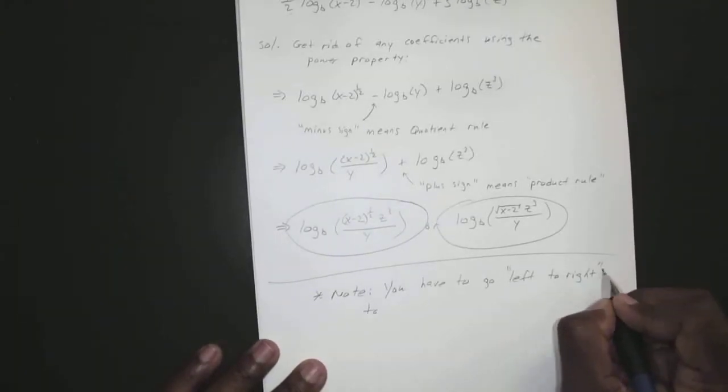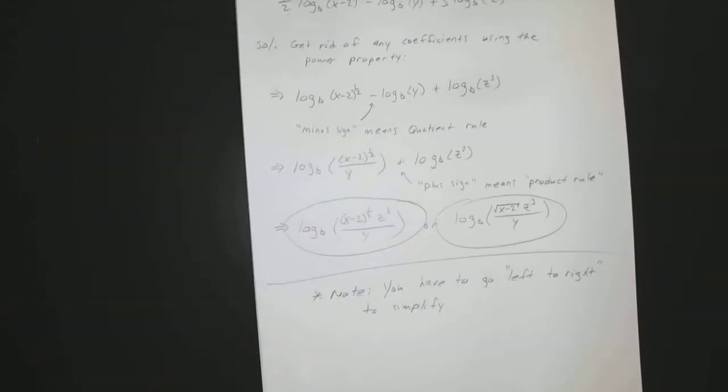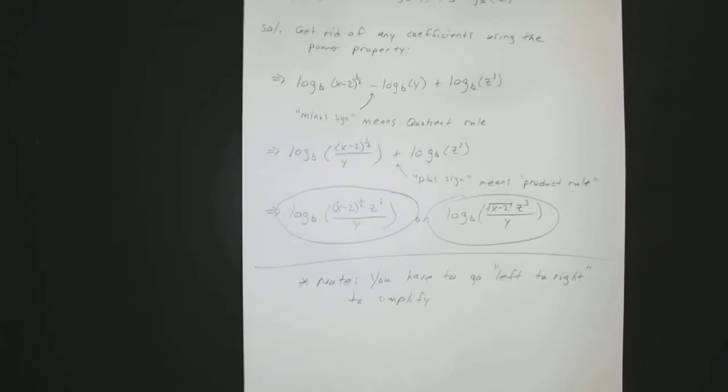To simplify. So it's kind of like the old PEMDAS, where you have to do the multiplication and division from left to right. Pretty much the same thing.